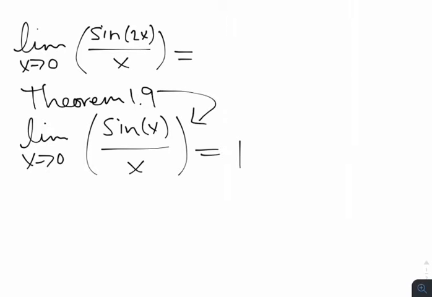So the 2 can be multiplied by this 1, and that limit will be equal to whatever number you're multiplying by 1. So the limit as x approaches 0 of sine of 2x over x is, in fact, 2.